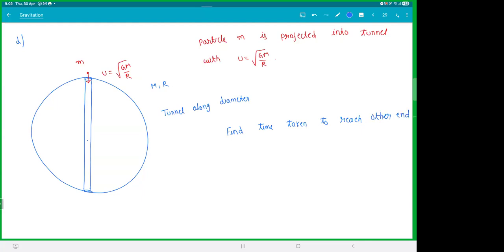So these tunnel problems in gravitation are a mix of simple harmonic motion. So it's a pretty good set of questions.